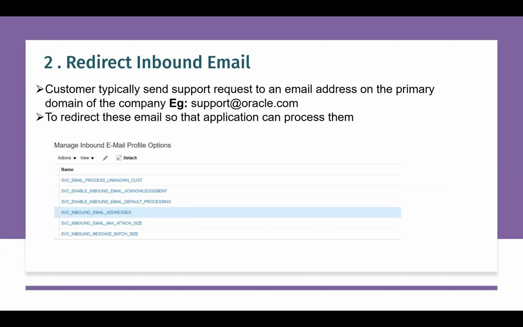Second step, we need to identify the inbound email. The inbound email addresses will be different for each and every environment. Let's say we have dev 1, dev 2, production. There will be different email addresses tagged to each environment, so we need to identify that. We need to go to the SVC inbound email addresses profile option under manage inbound email profile options, and then we can get the email address.